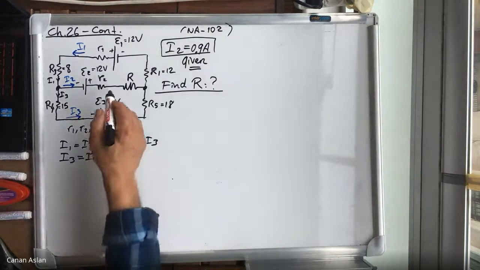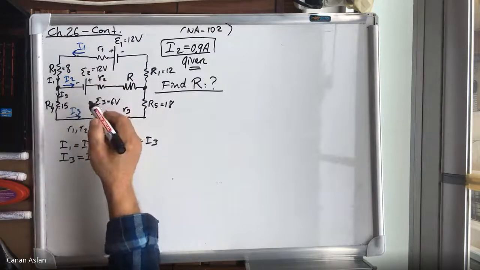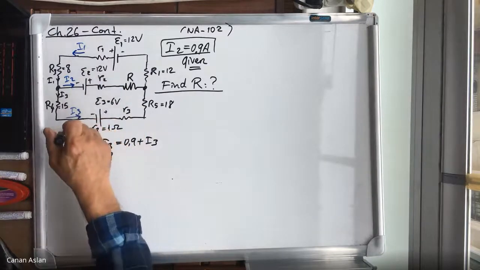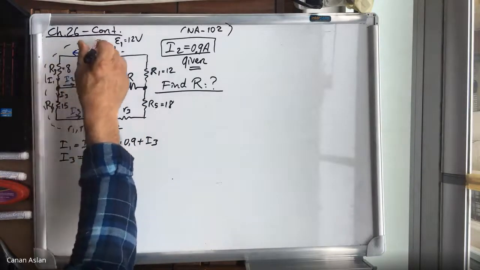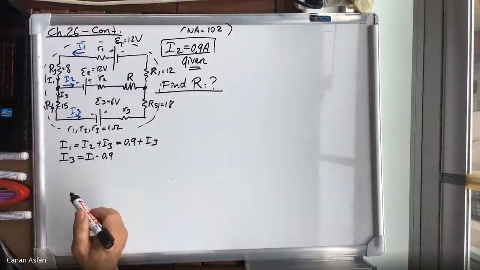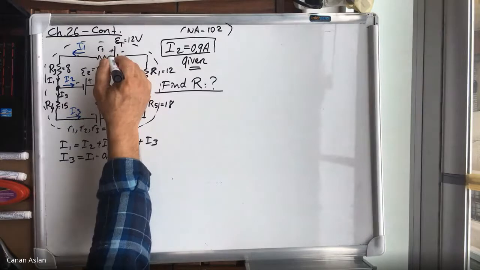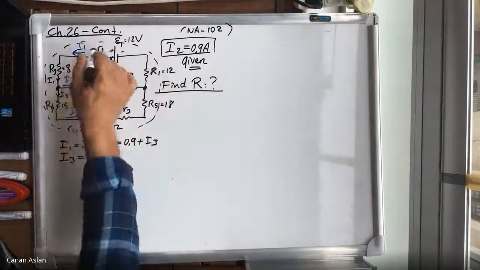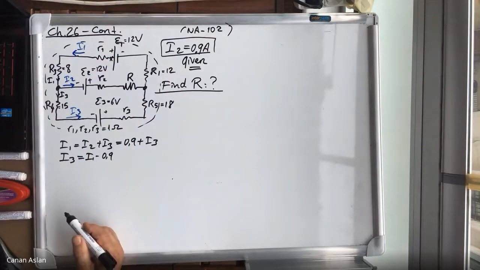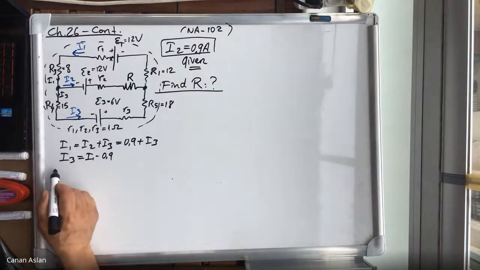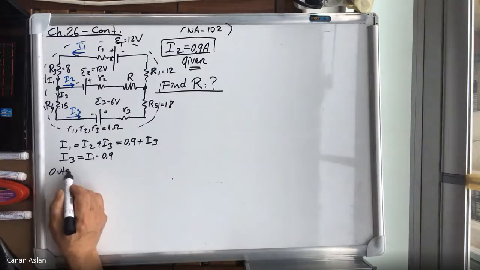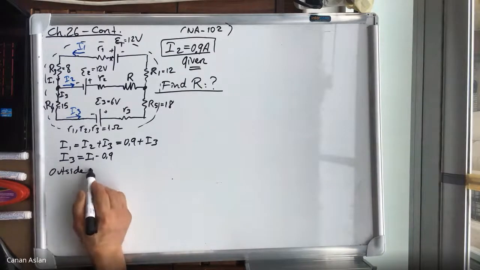Now, instead of doing inside loops, let's do the outside loop. So if we go this way, outside, we will start from this point, and then come back to that point, writing all the voltages on the outside. So it's the outside loop now, Kirchhoff's rule.